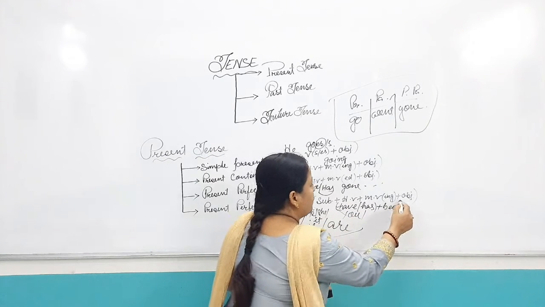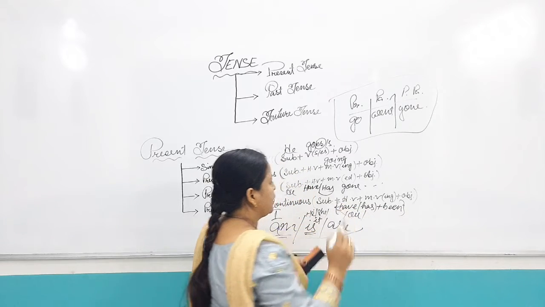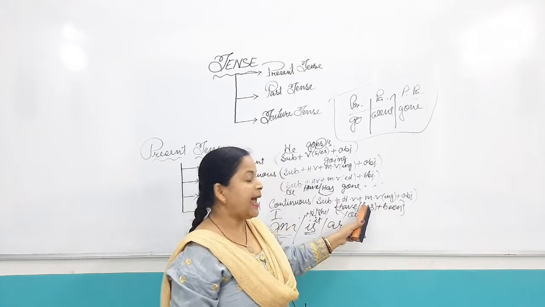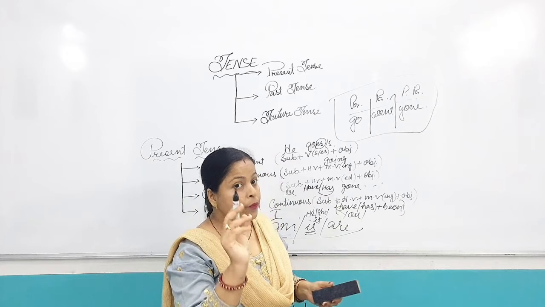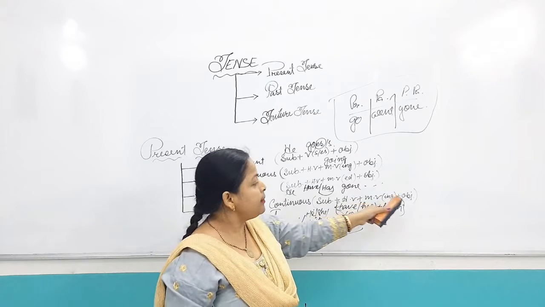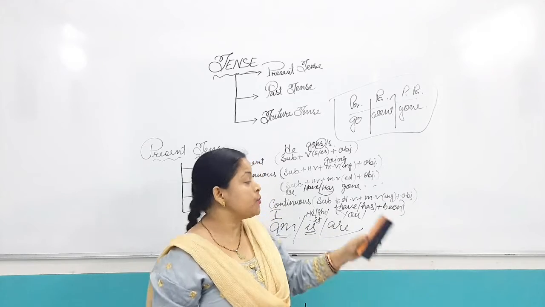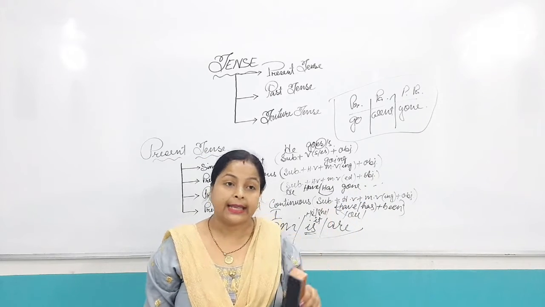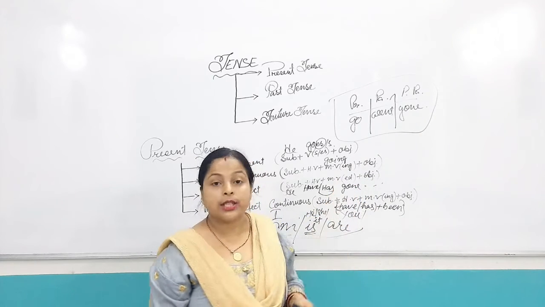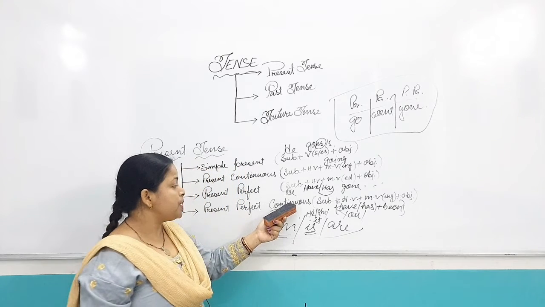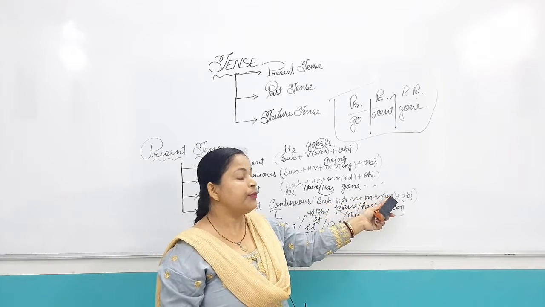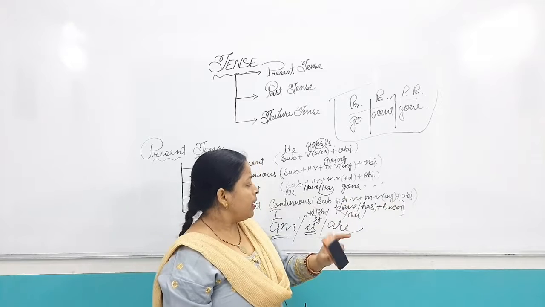So have been, has been, any one we may use, and the main verb will be of ing form. With the main verb we should use ing, as we have used in continuous tense. As it is continuous, with the main verb we will use ing.